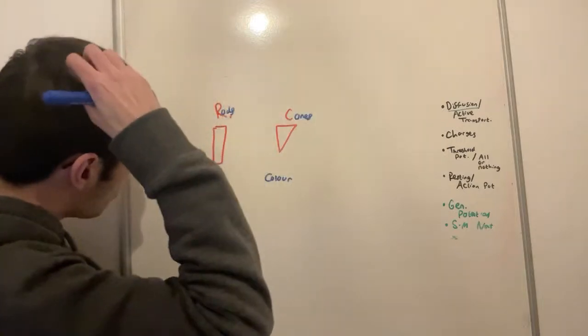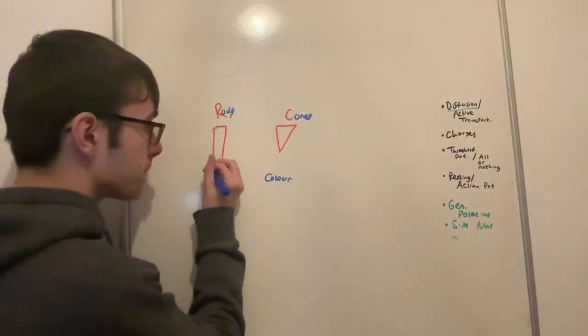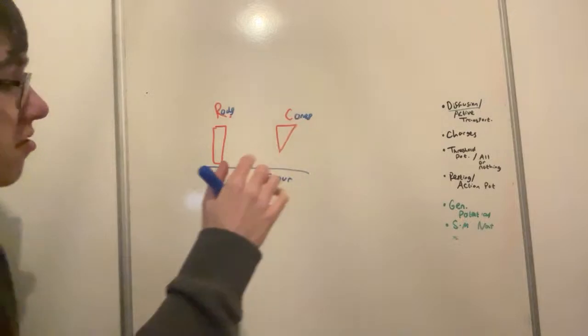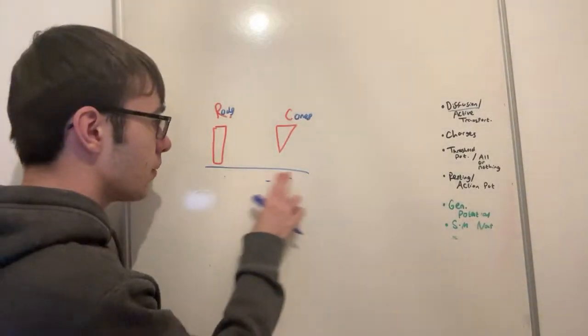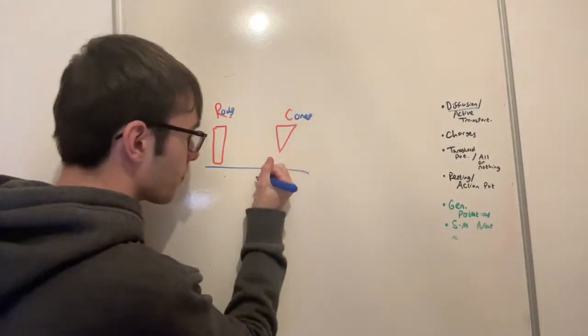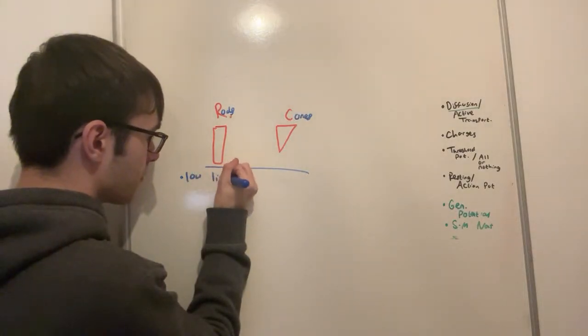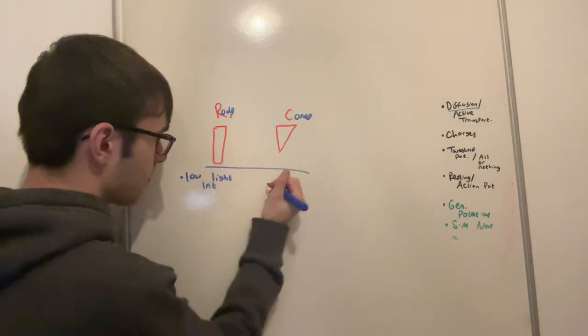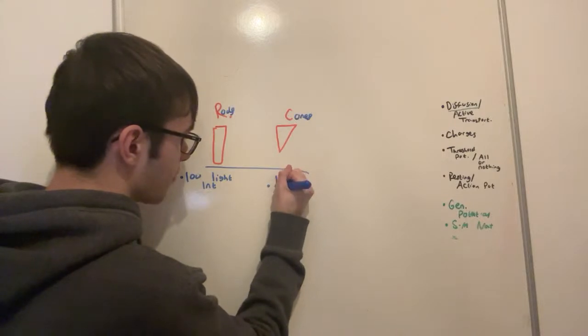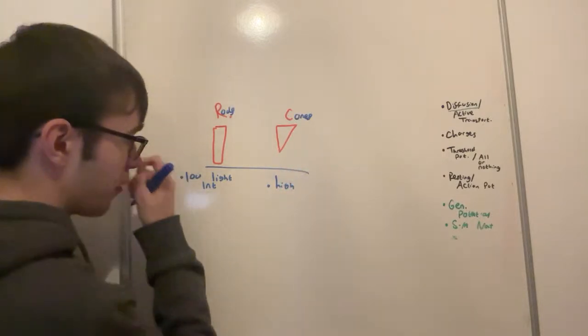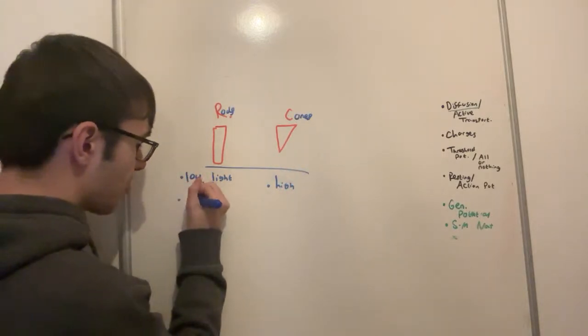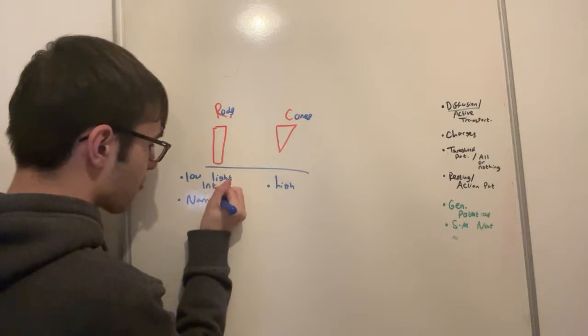So, rods. So remember, the retina is where we're looking right now. Rods respond to a low light intensity. Cones respond to obviously a higher light intensity. These have a very narrow colour spectrum.